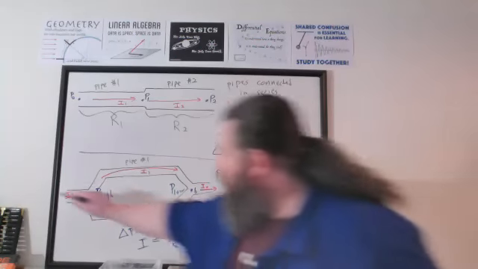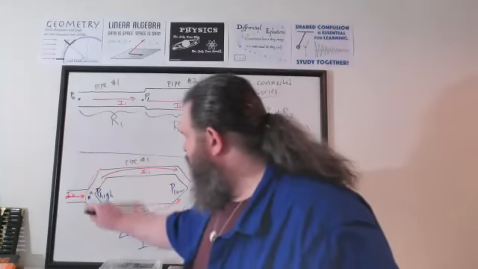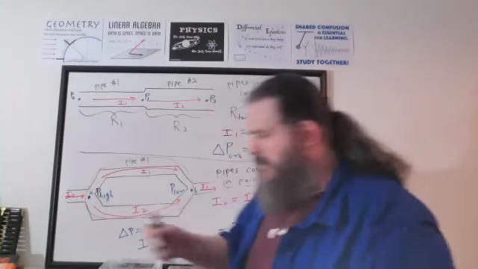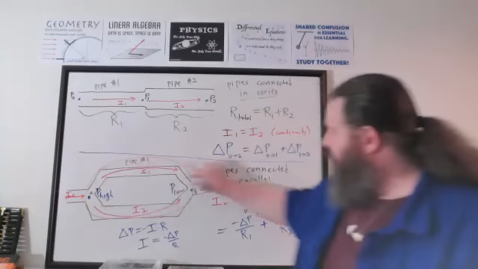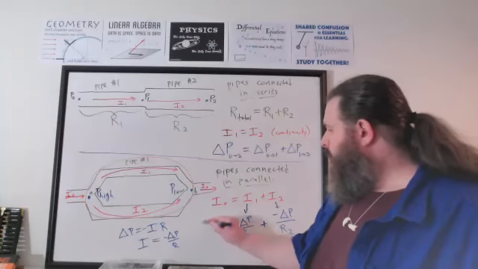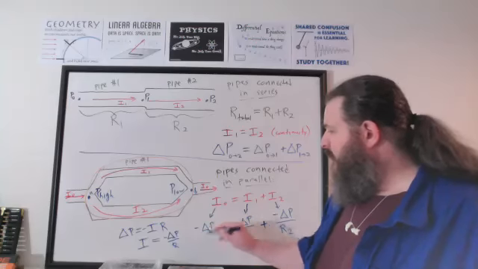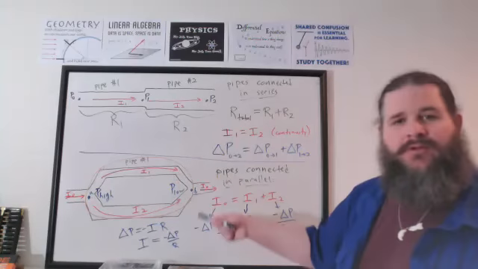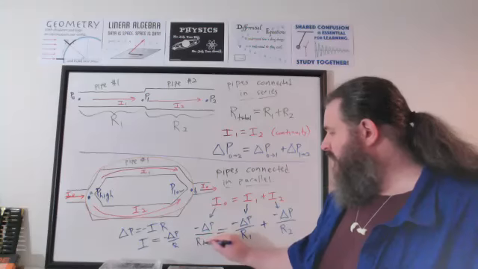And I0, the current flowing in, if we treat this whole thing as one big weirdly shaped pipe, if we ignore the split in between, current 0 can be written as negative delta pressure, again the full delta pressure of the whole thing, divided by what we might call a total resistance.